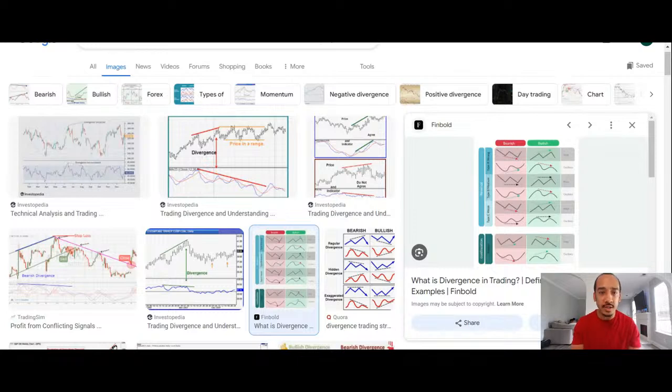If we go back to the chart, I want y'all to verify that this is a divergence. So we're at a level of support. We got the divergence.